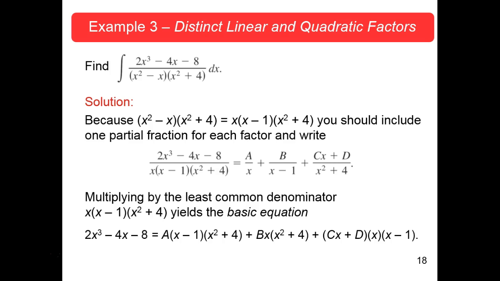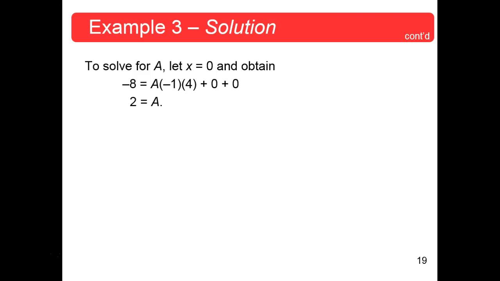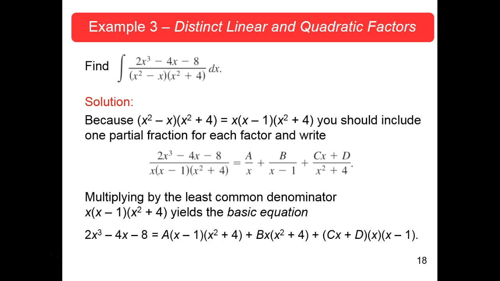We factored out 2 and came back for it. A times x minus 1 times x squared plus 4, plus Bx times x squared plus 4, plus Cx plus D times x minus 1.